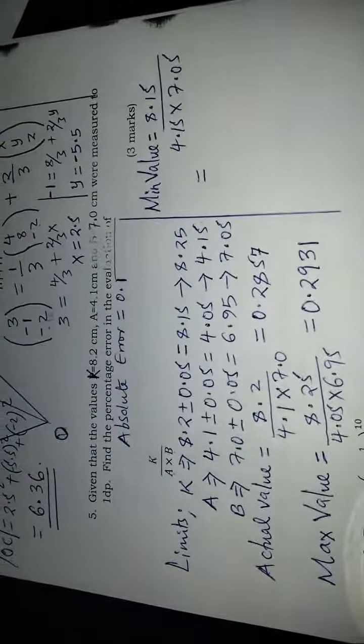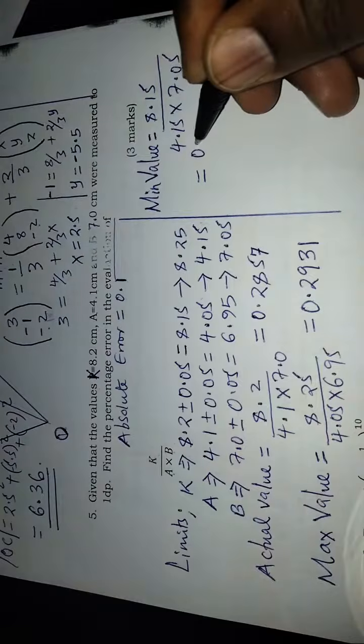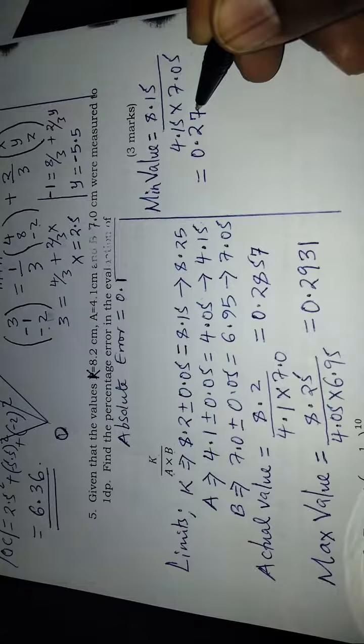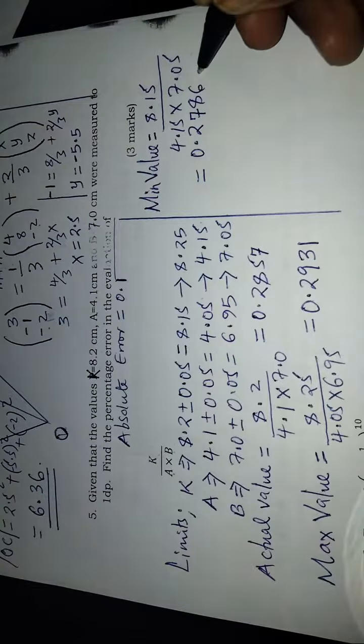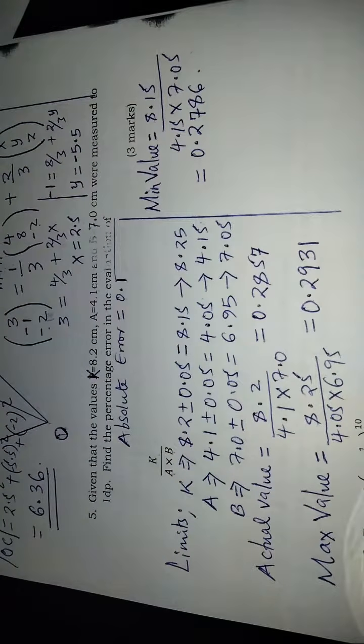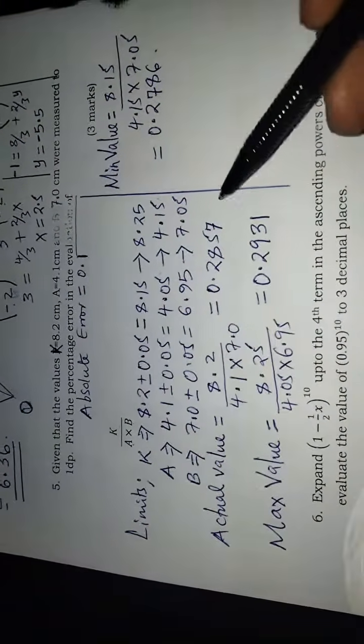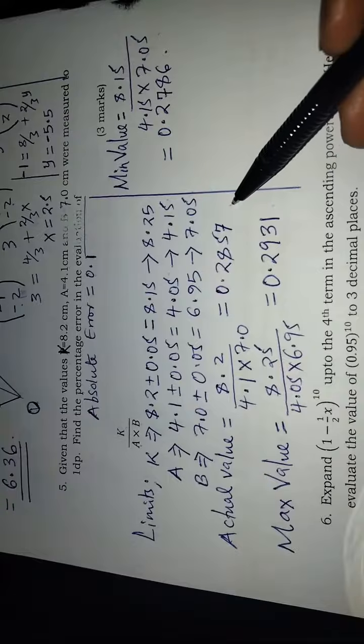So the minimum value is 8.15 divided by 4.15 times 7.05, and this is giving us 0.2786 to 4 significant figures. Therefore, we have the minimum value, the maximum value, and the working, or rather actual, value.